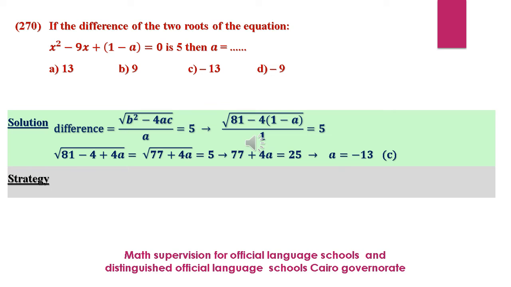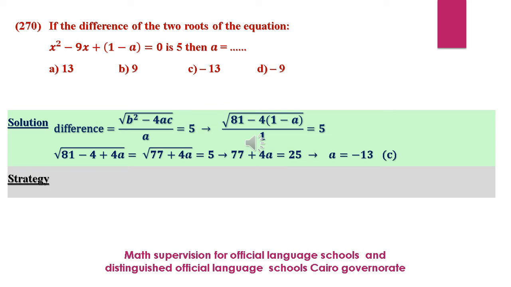The difference between the two roots of the equation is 5, then a equals what? The difference of roots will be the square root of b^2 - 4ac over a, equals 5.